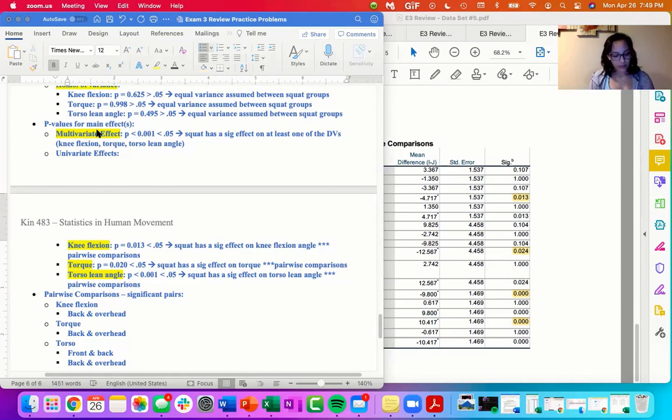And then data set 1 again is a one-way repeated measures ANOVA, which I feel like you guys have good practice with. So I will let you assess that one on your own.